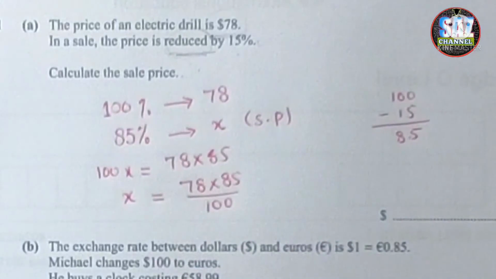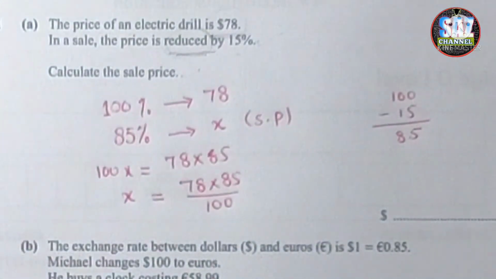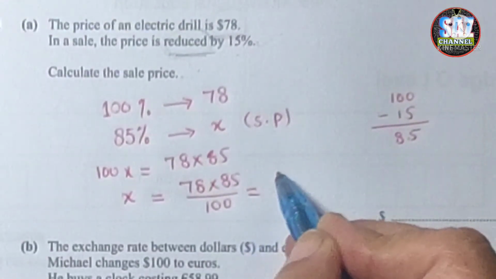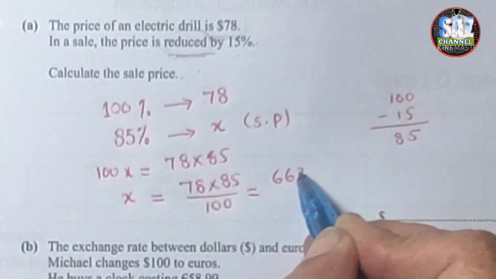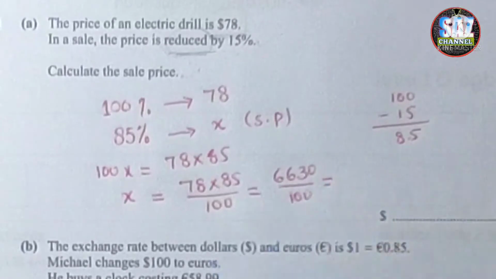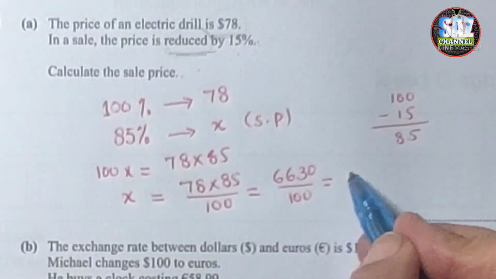Now, as this is the calculator paper, we can use the calculator easily. 78 multiplied by 85. Try to provide all necessary calculations on the answer script. 6630 divided by 100, and when I divide it by 100, this will become 66.3.